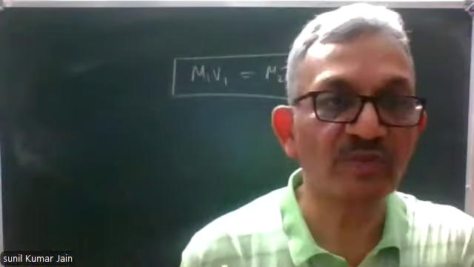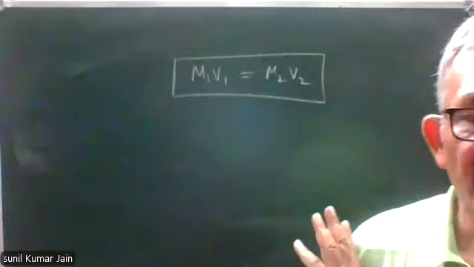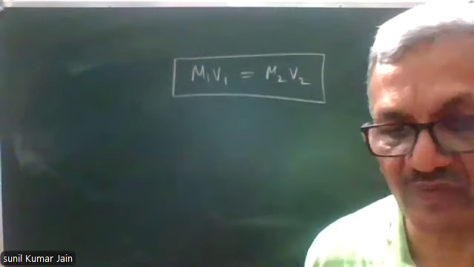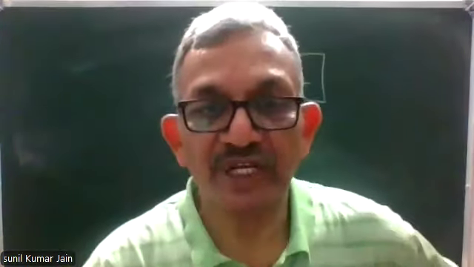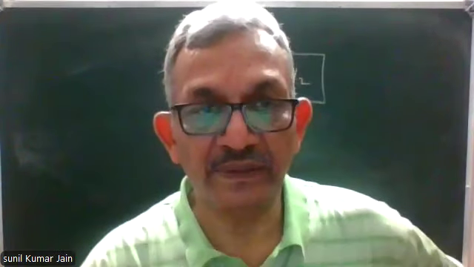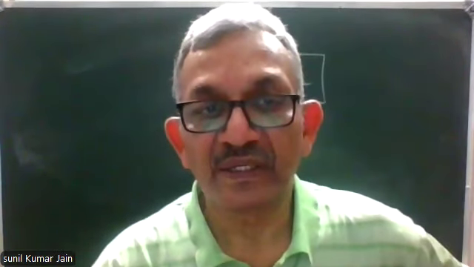One side is initial molarity and initial volume. The other side is final molarity and final volume of the solution. I'm sharing one numerical. I expect you'll be able to solve it.